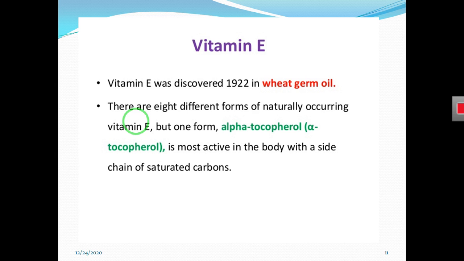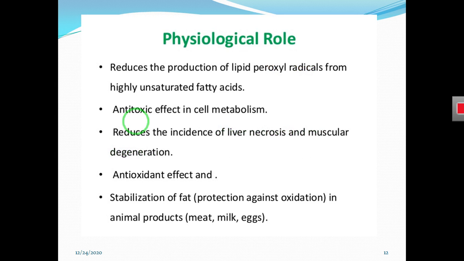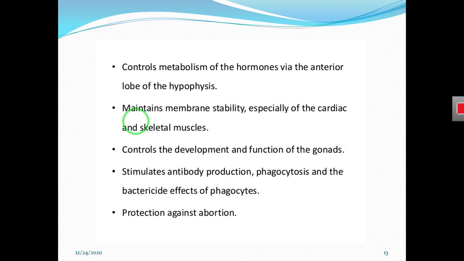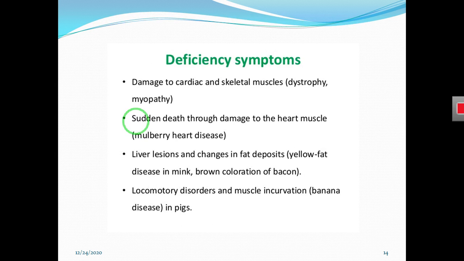Vitamin E also has different beneficial roles in our body, especially as an antioxidant. Of course, the deficiency of vitamin E raises the oxidative stress in our body and leads to different diseases.